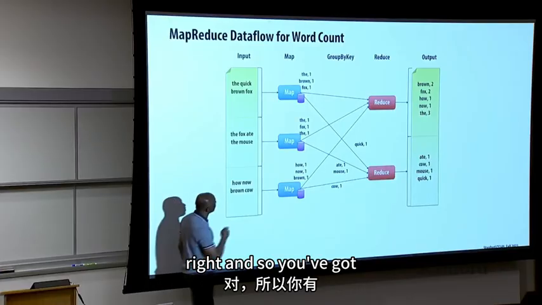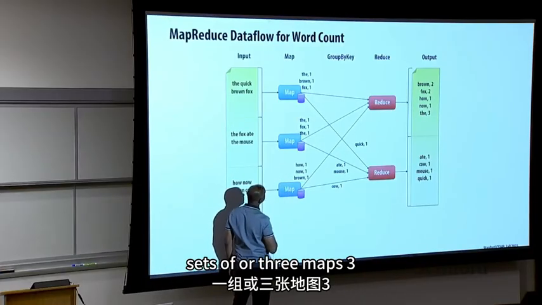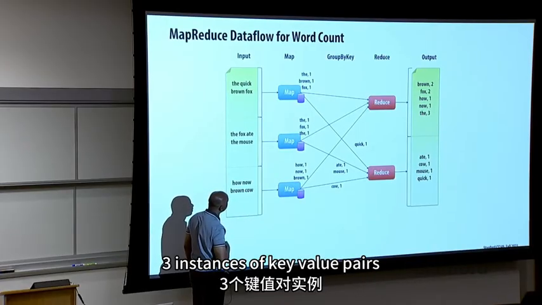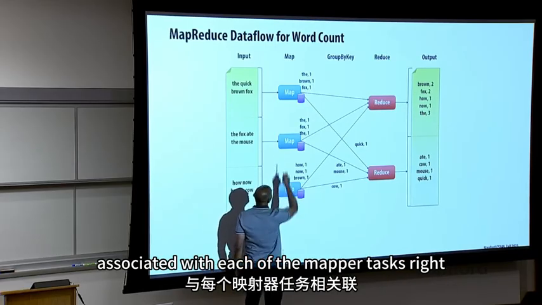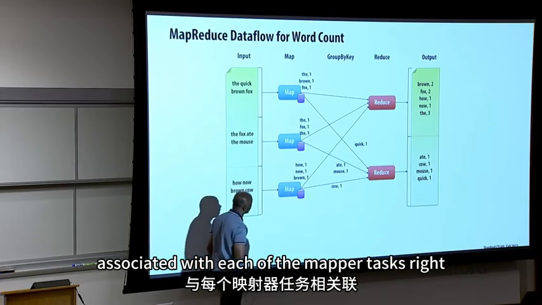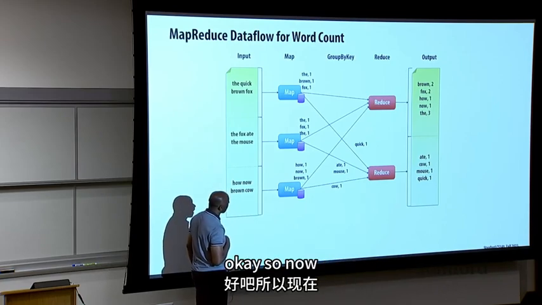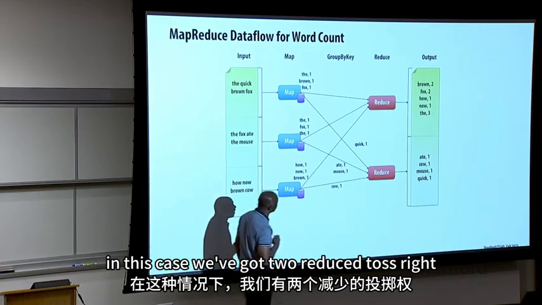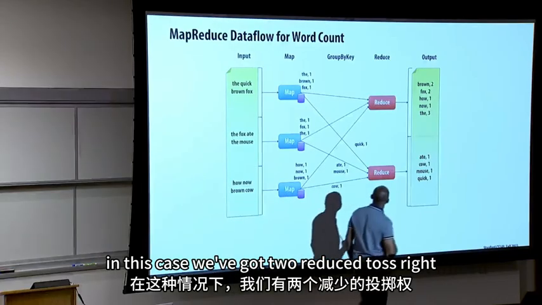So you've got 3 instances of key value pairs, one for each of the mapper tasks. Now, in this case, we've got 2 reduce tasks.